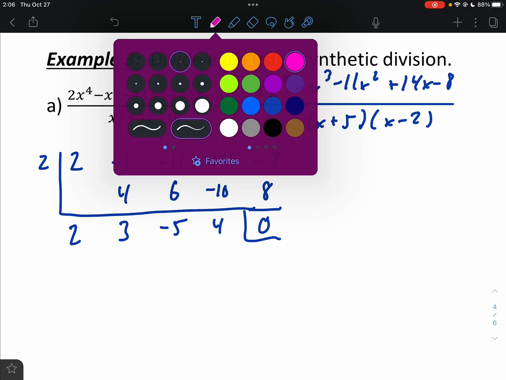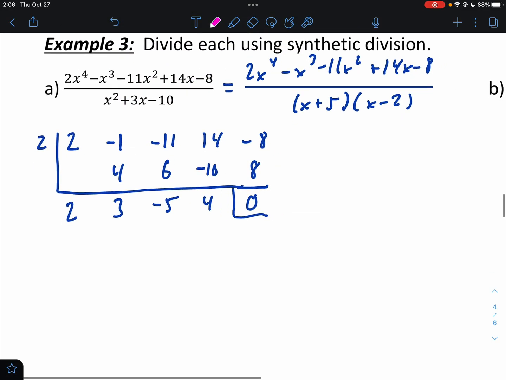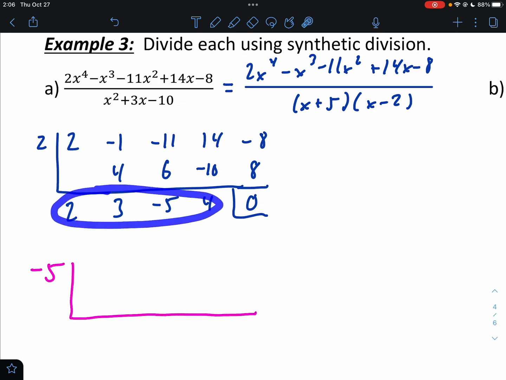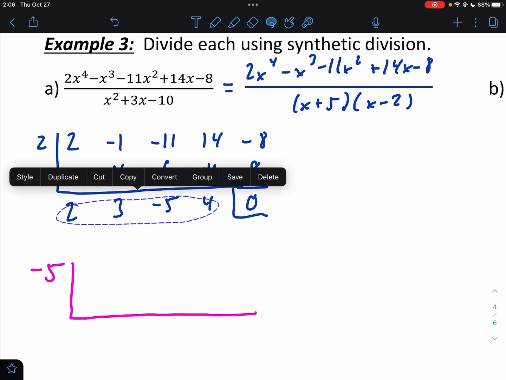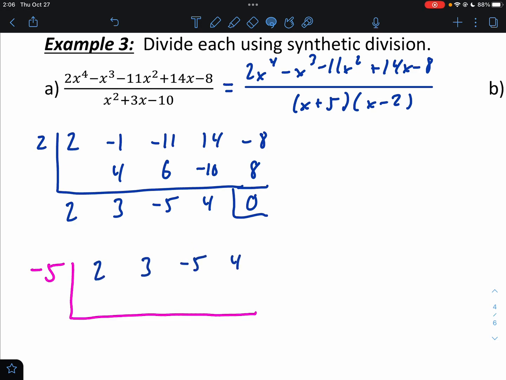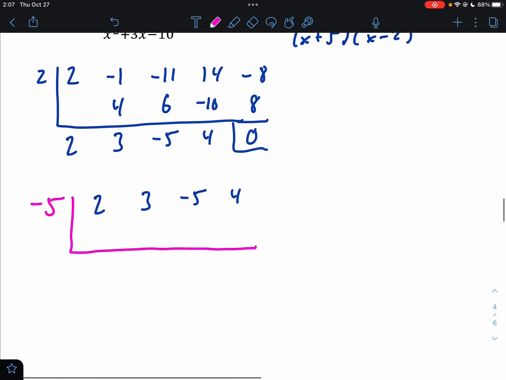Now we've got to divide by negative 5. But when you divide by a second factor, we're going to use what we just got as our answer. We're not going to use the original coefficients. We're going to use the new coefficients.